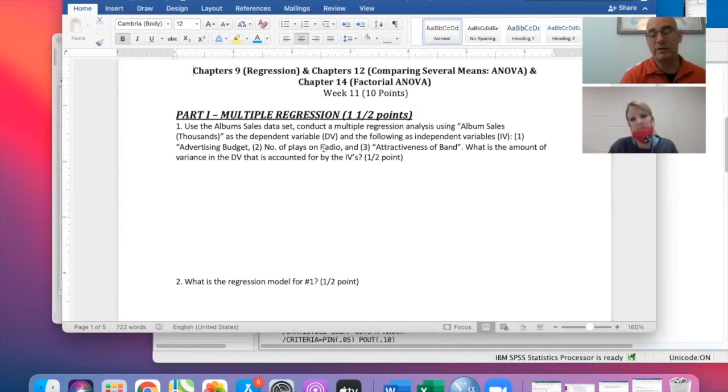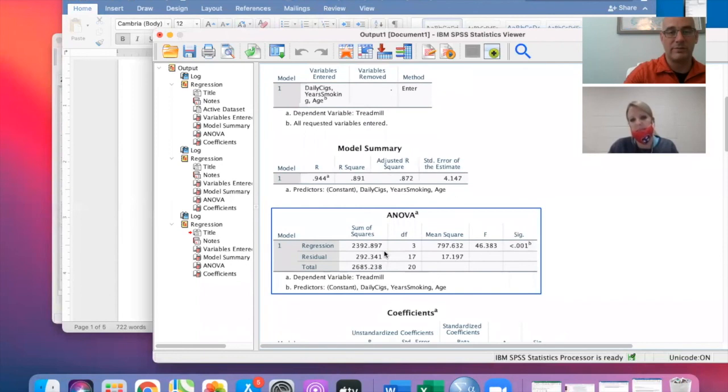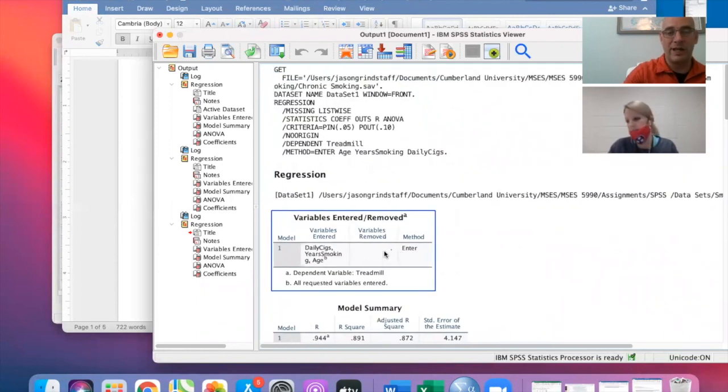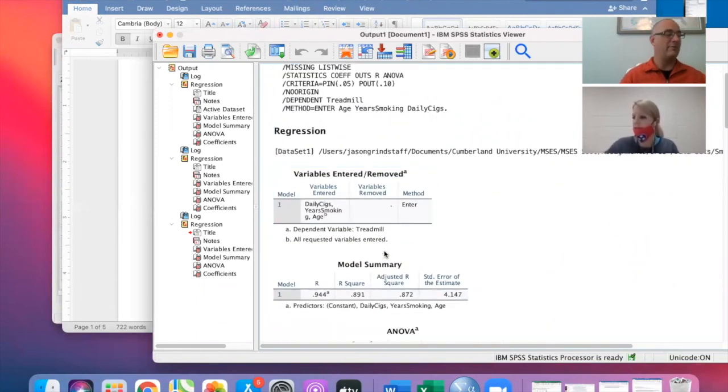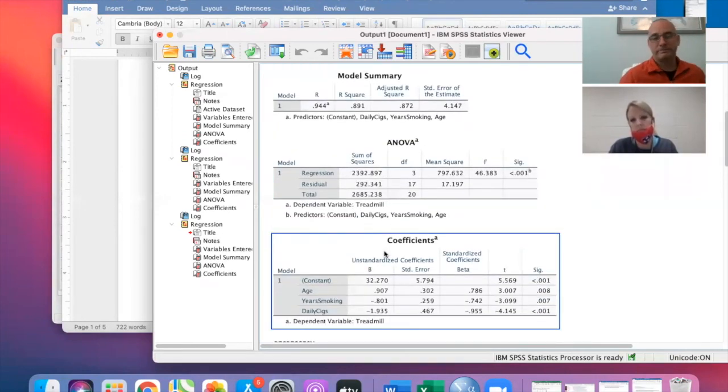In SPSS, all we do is input the data, point and click, tell it what analysis to run, and then it's up to us to interpret those models. And that's exactly what we worked through today. I hope you have a better understanding of what regression is, as a predictor model, looking at the relationship amongst variables, whether it is a significant predictor of some sort of an outcome, and how we interpret that in SPSS.